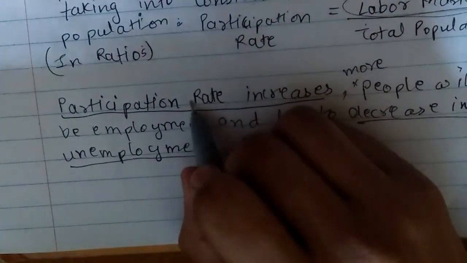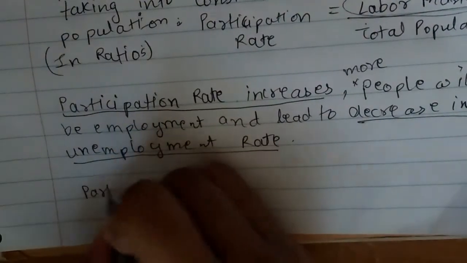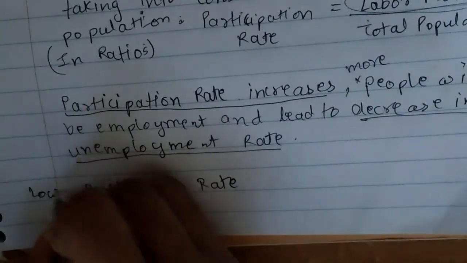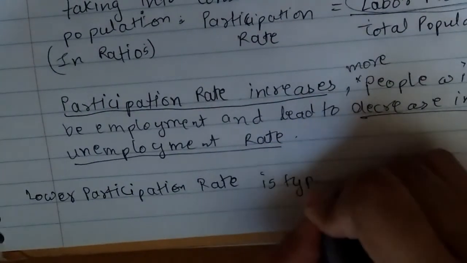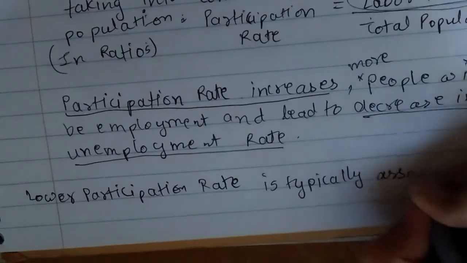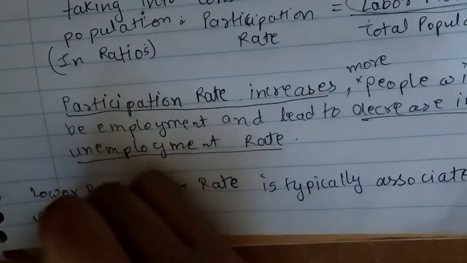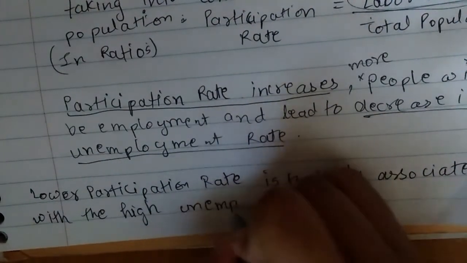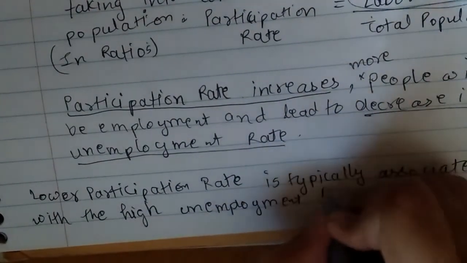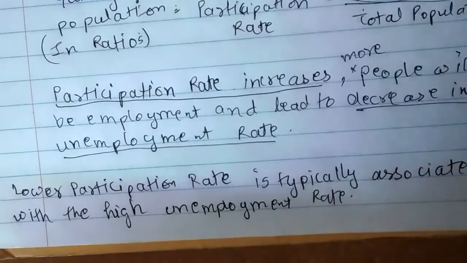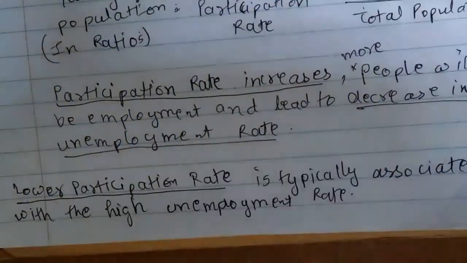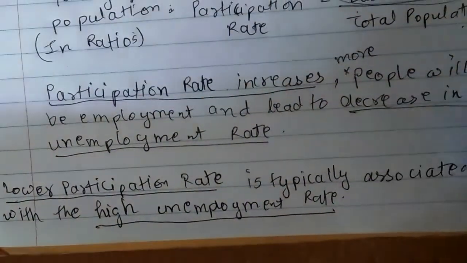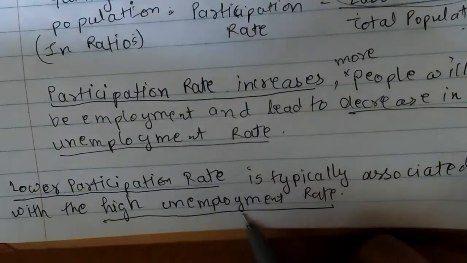So a lower participation rate is typically associated with a high unemployment rate. So there is an inverse relation between the participation rate and the unemployment rate.